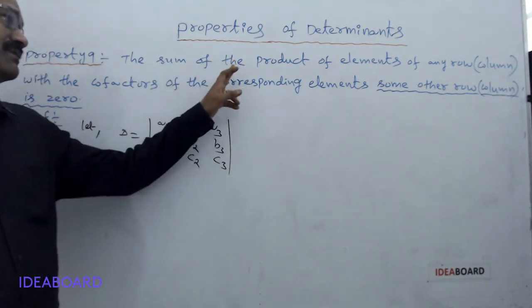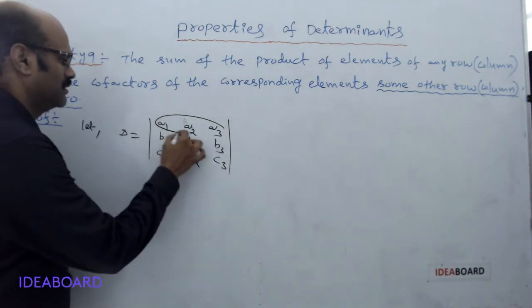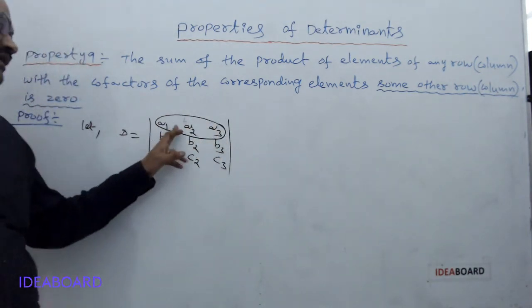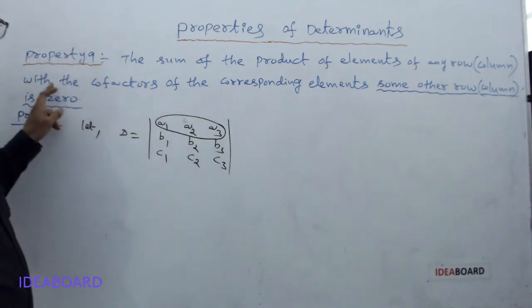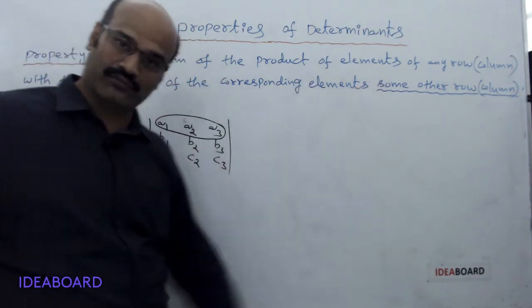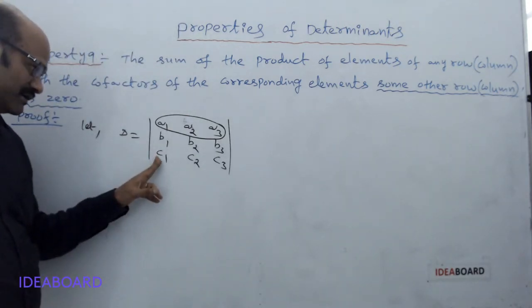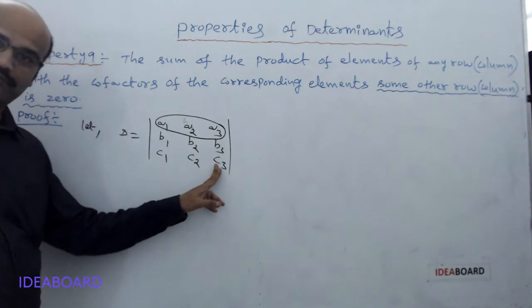The sum of the products of elements of any row. Let me take here R1. R1 equal to, here we are having A1, A2, A3 with the cofactors of the corresponding elements of some other row. Now here take the cofactors of R3 now.